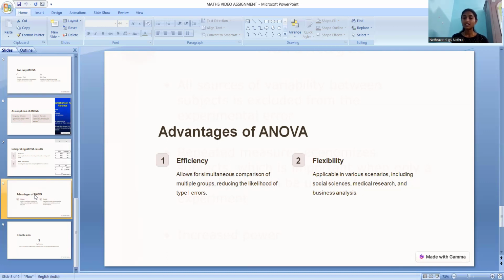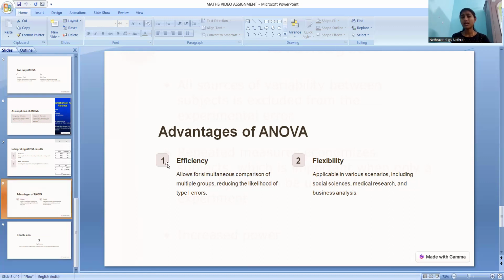And flexibility means it is applicable in various scenarios, including social science, medical research, and business analysis, which means ANOVA is an all-rounder. It has multiple uses: in social science, in medical research, and in business analytics. These are the three main places where we come across ANOVA.